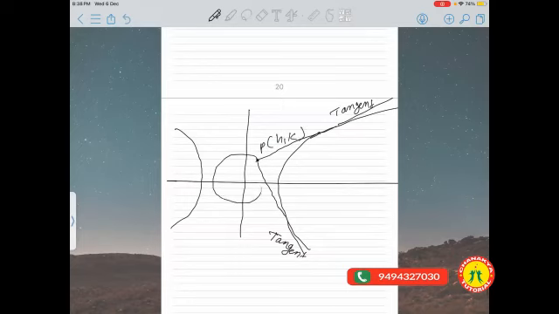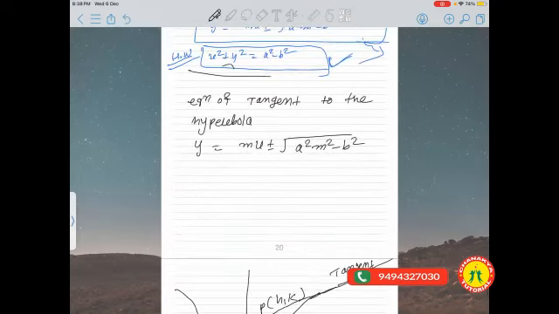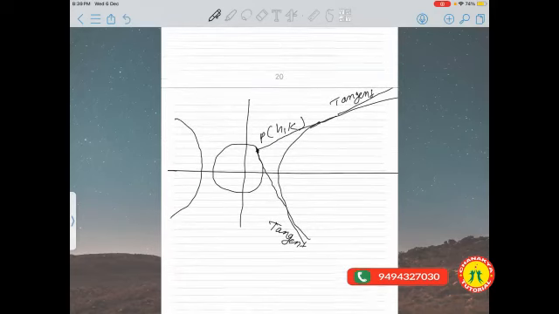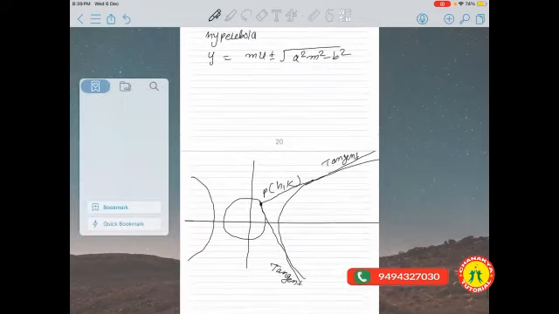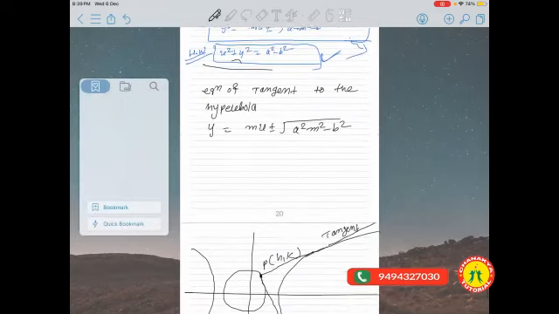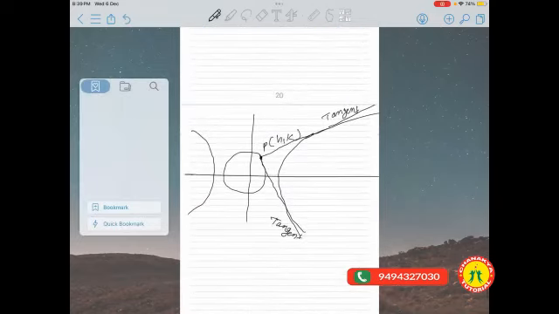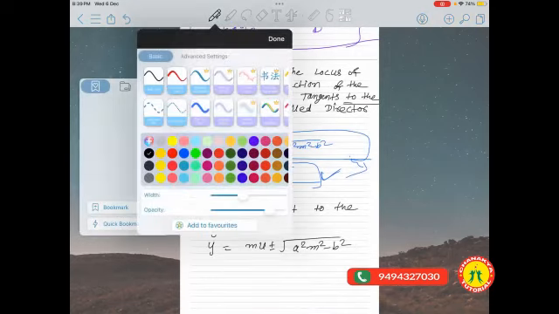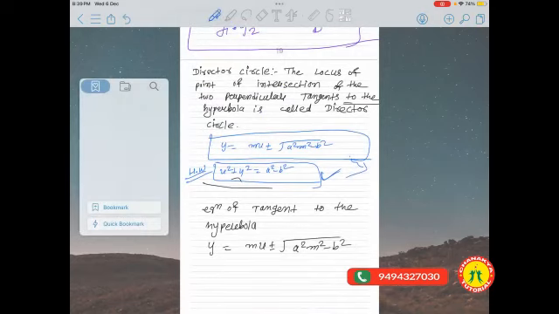Basically this is the equation of circle, यही prove करना ना. So this is basically circle. Now see, let P h comma k is the point where the tangent is drawn from outside. So perpendicular tangent, इनके बीच का angle 90 degree, right? Definition में है ना perpendicular tangent to the hyperbola is called director circle.